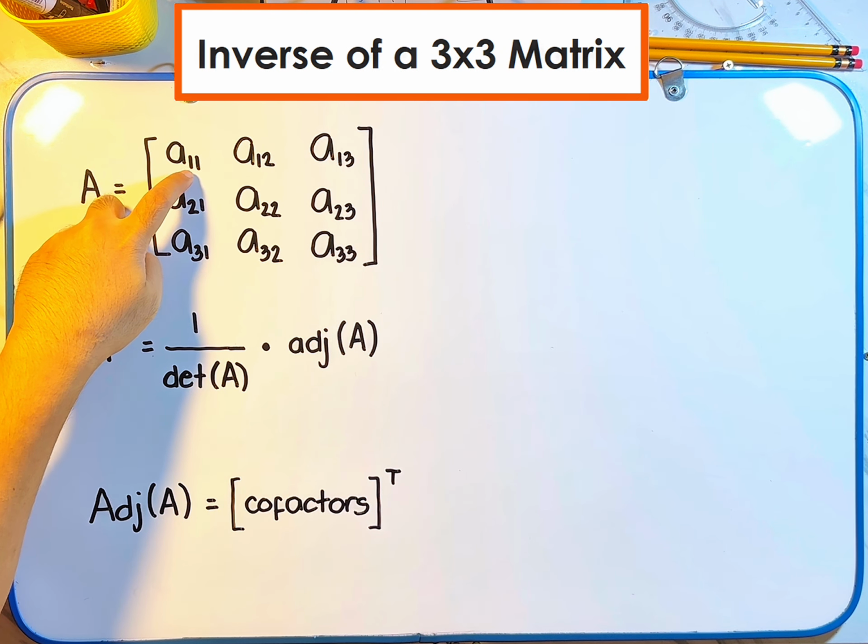And now it's time to find the cofactors. For the cofactors, the values are the values inside the minors, except that we have to change some of the signs using the rule of signs for 3 by 3. So this positive 2, following the rule of signs, still remains as positive 2.